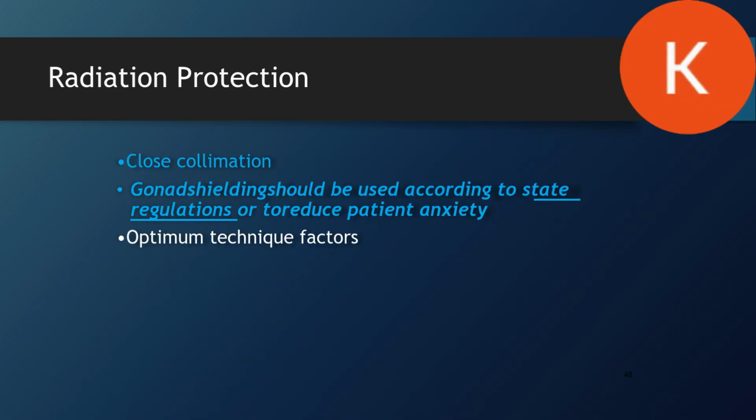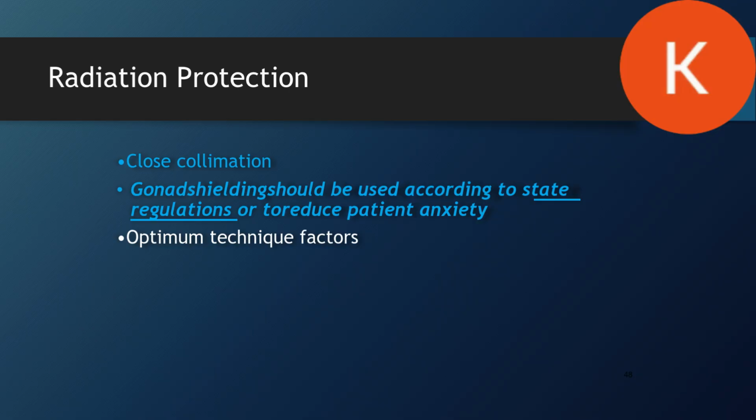For radiation protection, you have to utilize close collimation. Gonadal shielding should be used according to state regulations or to reduce patient anxiety. Optimum technical factors: in order for us to follow the guidelines for radiation protection, we have to make sure we're collimating on the images, as stated per standard protocol.